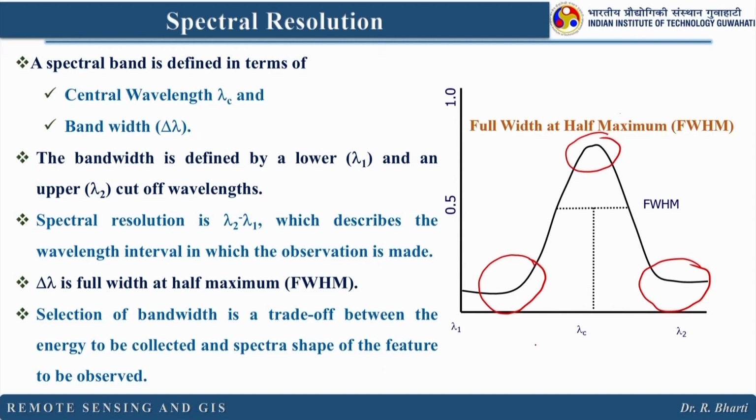If we say that this particular detector is sensitive from lambda 1 to lambda 2, that does not make any sense. So, what we need to do is identify or demarcate the effective sensitive area, where it has very good sensitivity. So, we always report this FWHM for a given detector or sensor.